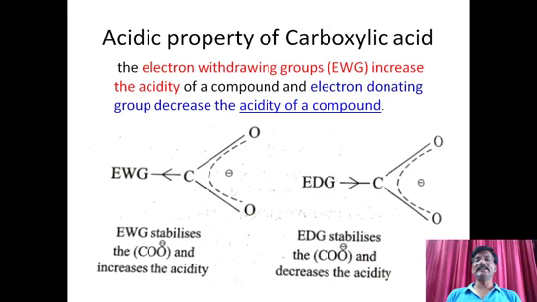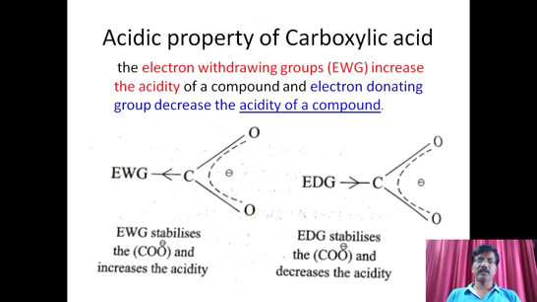This easiness of donating proton is called acidic nature. So when we compare the acidic strength, we have to compare the stability of carboxylate ion. If carboxylate ion is more stable, then it is behaving as a strong acid. So strong carboxylate ion means strong acid. Again here COO minus is the carboxylate ion.